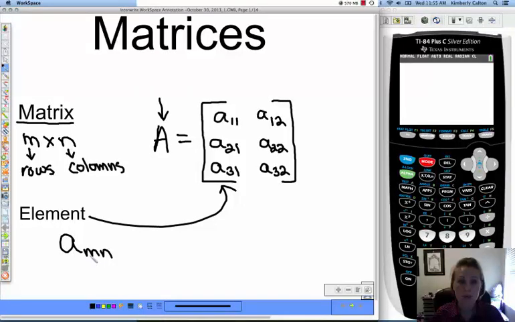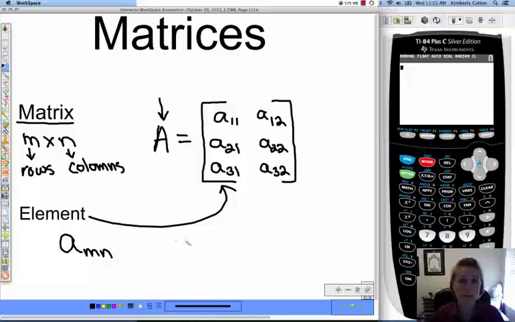So m is the row and n is the column. So if I looked at a11, this would be the element in the first row and the first column. Likewise, if I looked at a32, then I know that this would be the element that is in the third row and the second column.